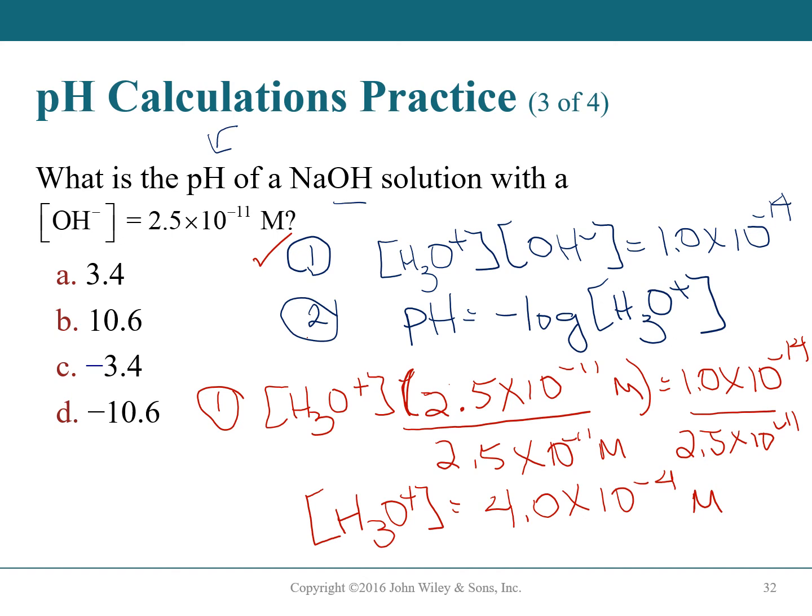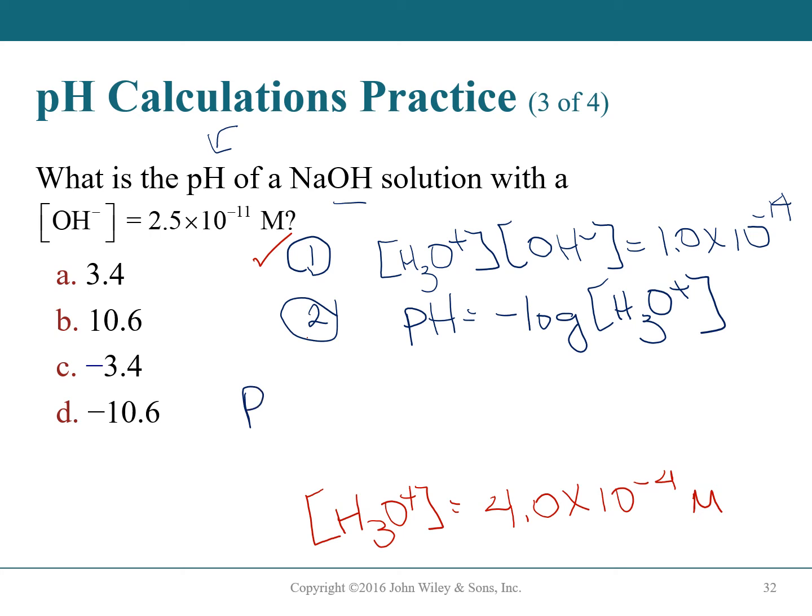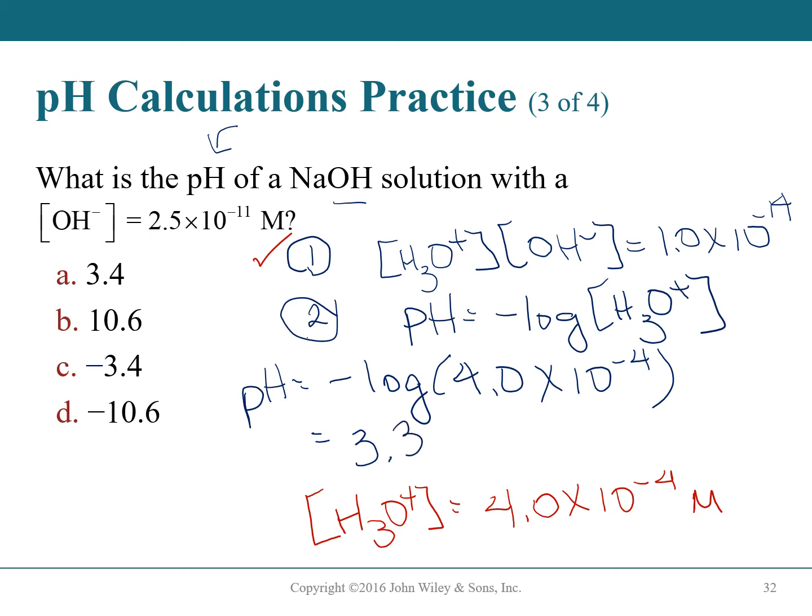Now we need to get the pH. So the pH is minus log of 4 times 10 to the minus 4. That's going to be equal to 3.3979.